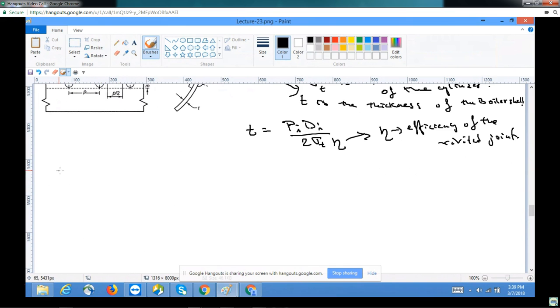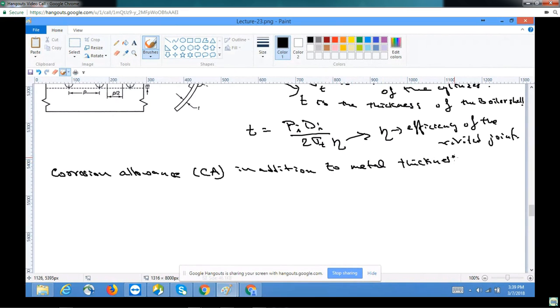So one has to also allow for a corrosion allowance, CA, to the metal thickness to resist internal pressure.